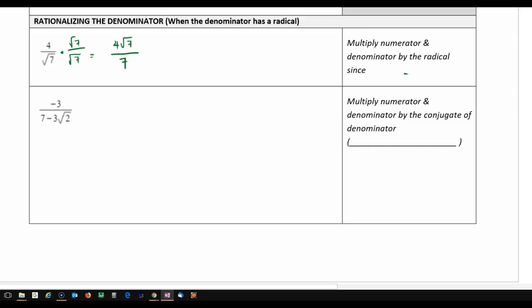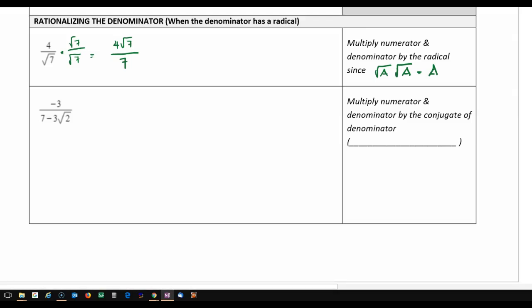The principle that we used here by just multiplying numerator and denominator by the radical itself is that the square root of any number times itself is just going to be the original number. Now, if you don't have a single square root appearing at the bottom, but you have these companions, you do what we call conjugation.